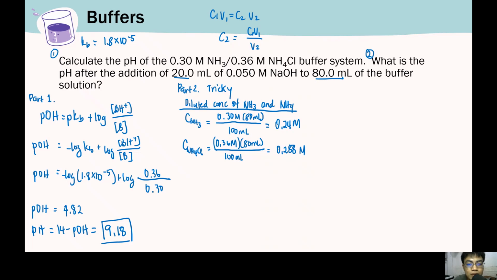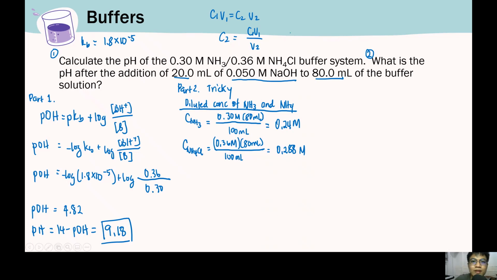Hindi lang. No? Also, sodium hydroxide will get diluted. Remember, its original concentration is 0.05 molar. Pero when you add it in the solution of a buffer, madidilute din siya. So, kailangan gawin natin yung dilution process. Okay? So, not only for ammonia, not only for ammonium chloride, but also with sodium hydroxide.